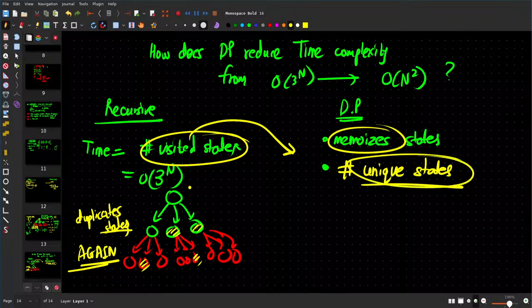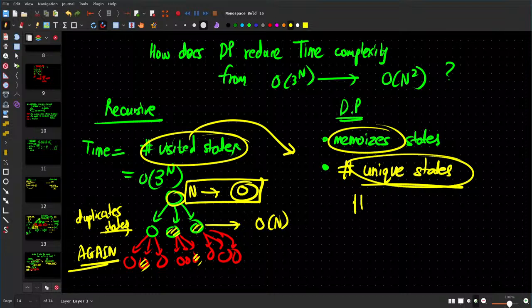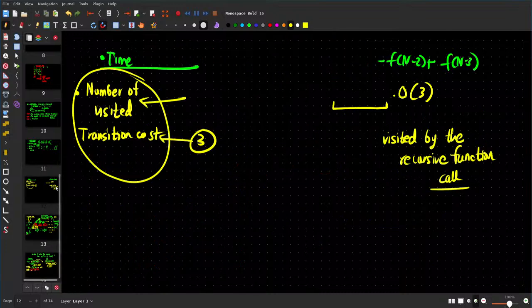Notice that if you have started with n, you will essentially go to 0, and all the values that these nodes can take is only order n, right? So we basically reduce the time complexity for this problem, which is Fibonacci.